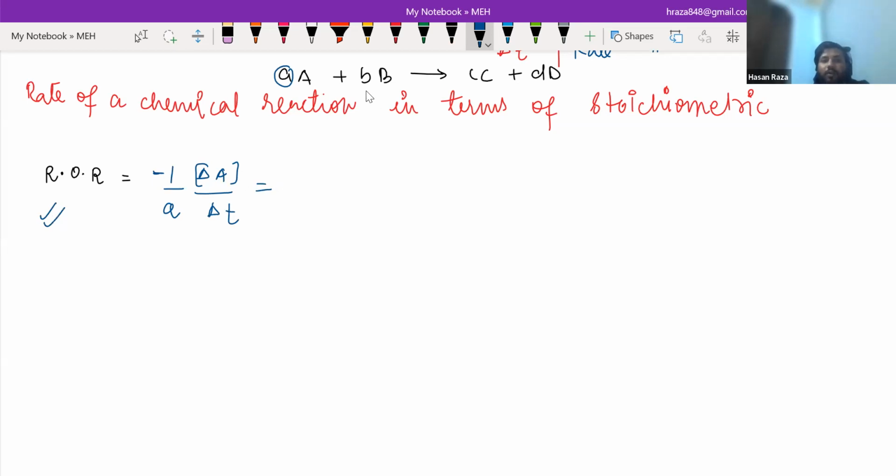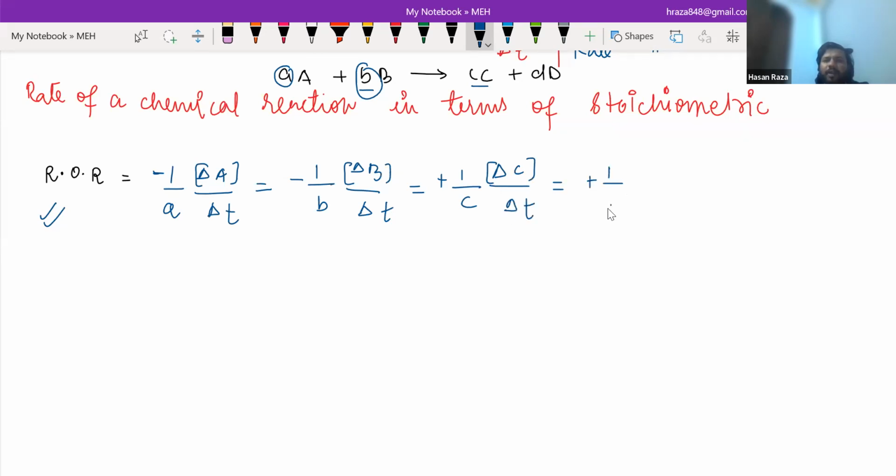Then it will be equal to negative, as B is also a reactant, with its stoichiometric coefficient in the denominator, and the change in concentration of B upon delta T. That will be equal to, since it is a product, plus 1 by c times the change in concentration of C upon delta T. That will be equal to plus 1 by d times the change in concentration of D upon delta T. Is that clear?